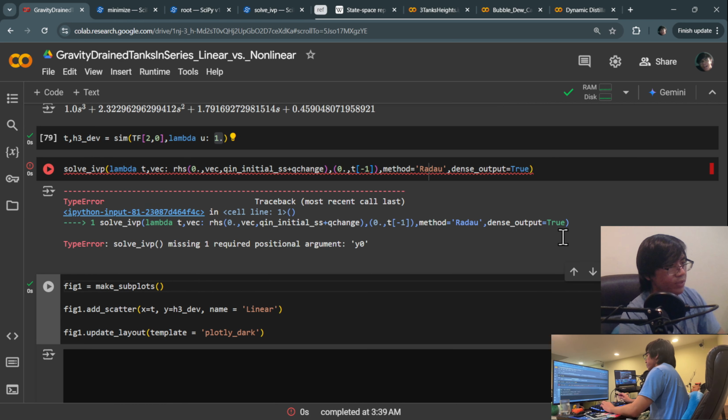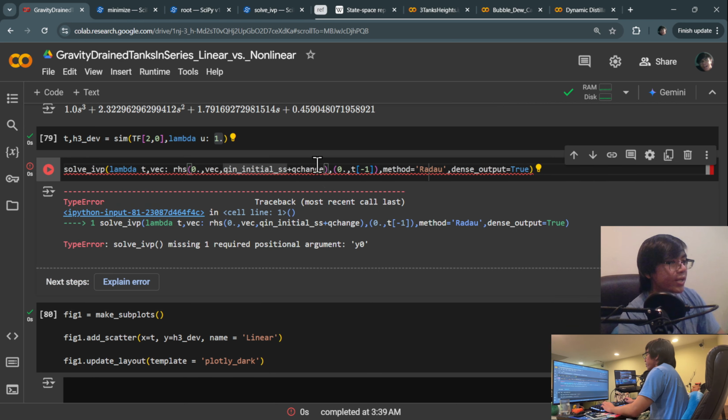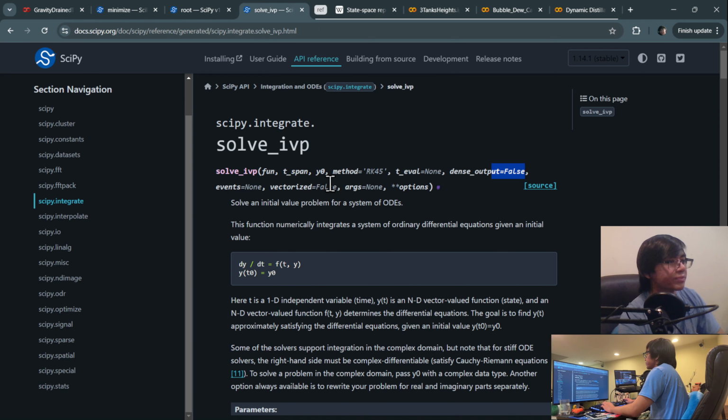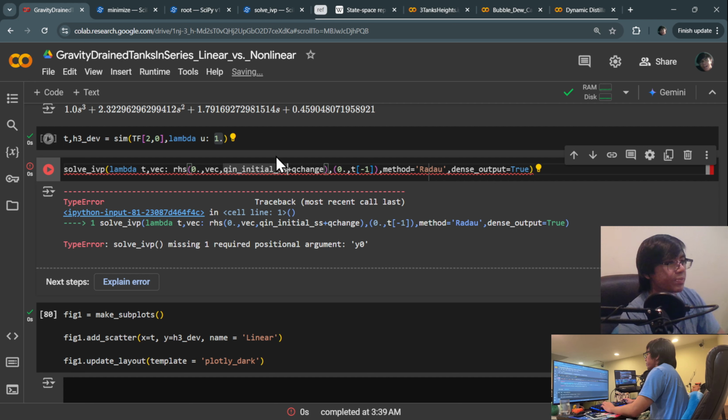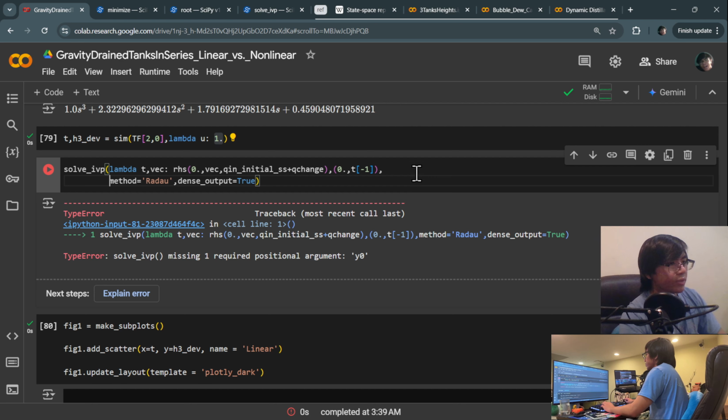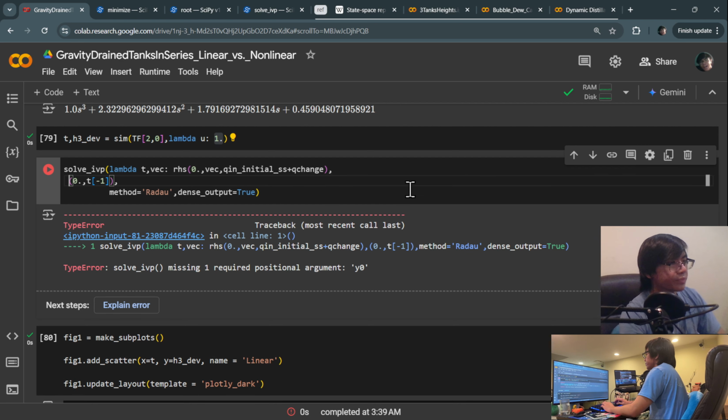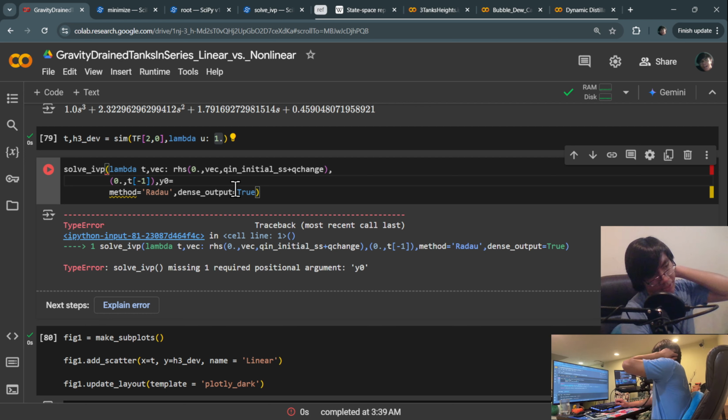So let's see if this converges. Oh, y0, right, our initial guesses, that goes after the time span. So y0, this will be our initial steady state, I believe, for our vectors.